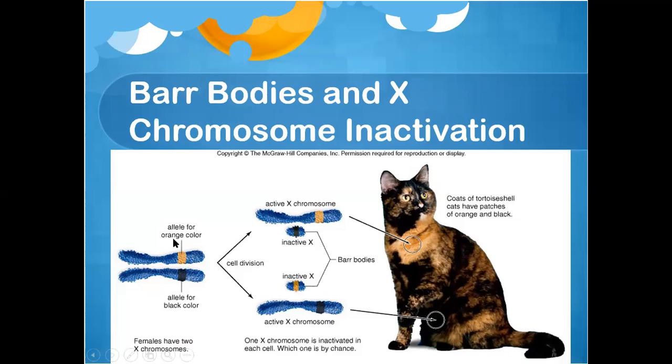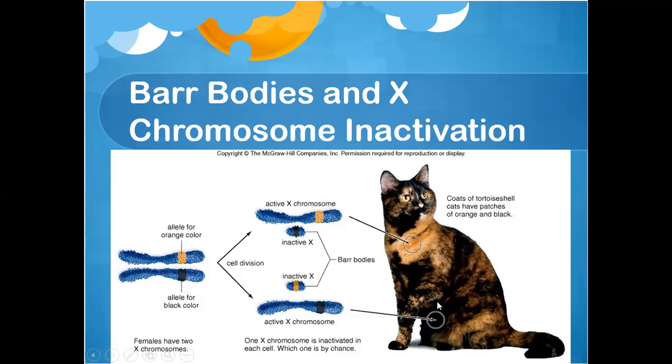And so originally this cat would have 2 X chromosomes, and one would have the allele for the tan color and one would have the allele for the black color. And then in some of her cells, the black colored X chromosome becomes the Barr body, it becomes inactive, and in that case, the tan color shows through.